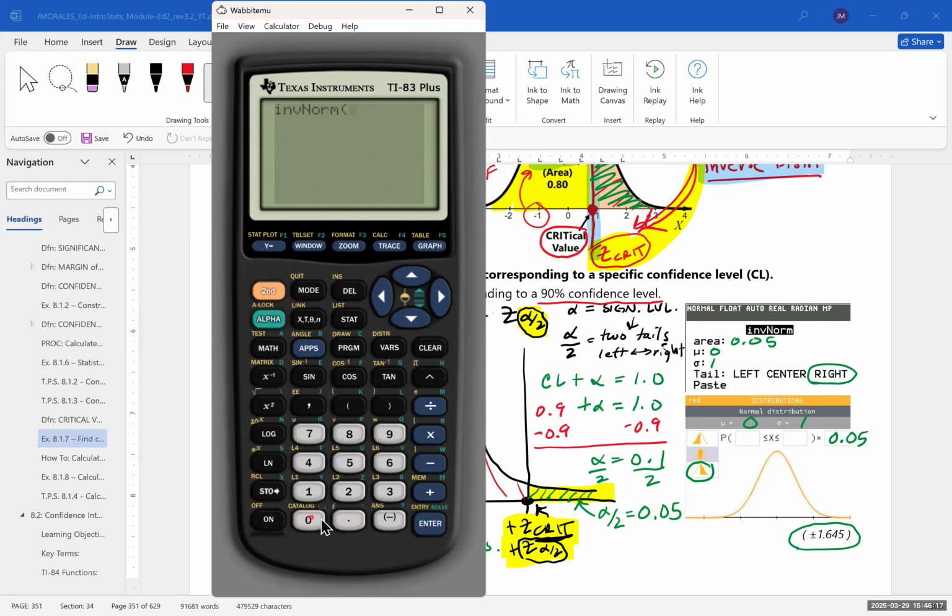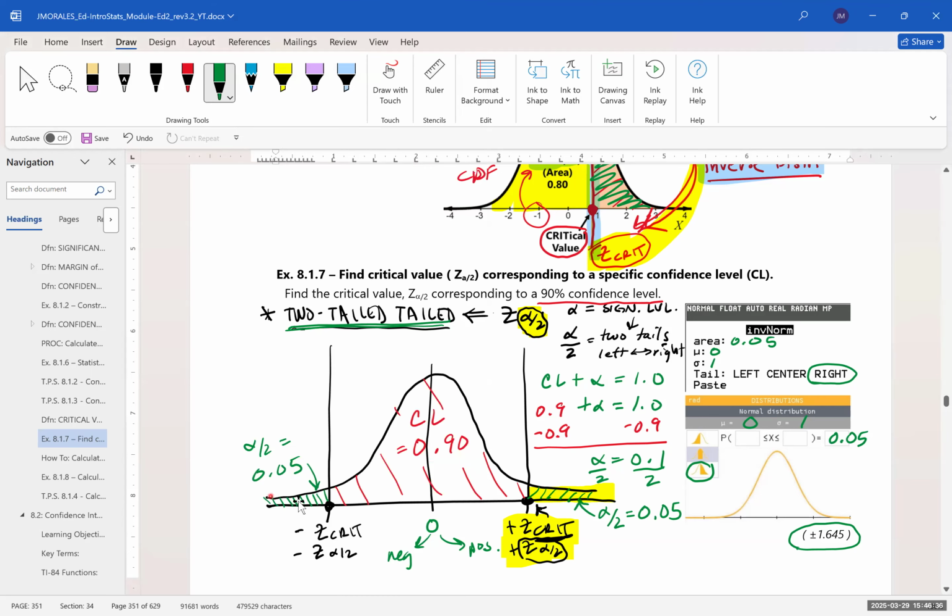So you'd put in the same values separated by commas, but you can't put left, center, or right. And so you hit enter and notice it's giving you the z-score as though it was calculating the left tail. It's giving you this negative z-score.